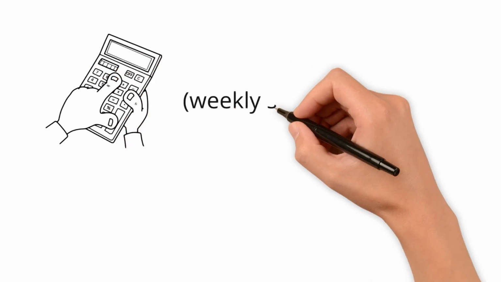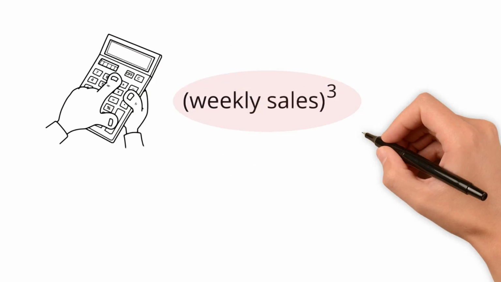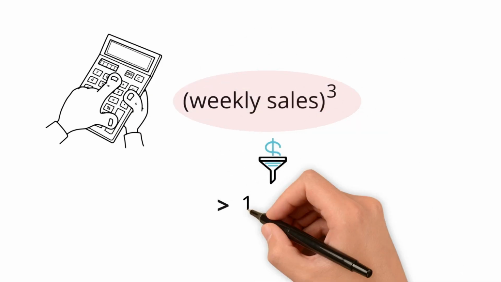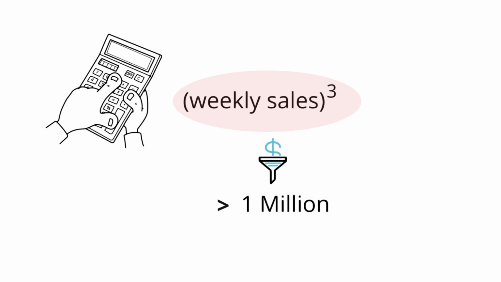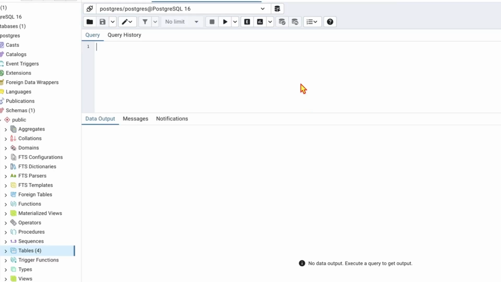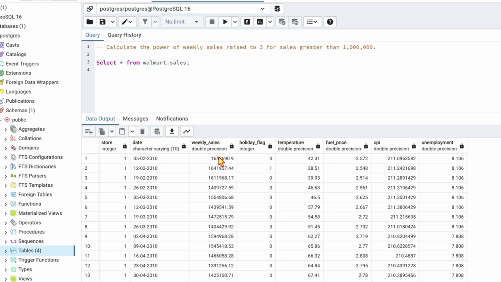Calculate the power of weekly sales raised to 3 and filter for sales greater than a million. Open PostgreSQL. Quick look at our table data. The column we are going to use in this question is weekly sales.